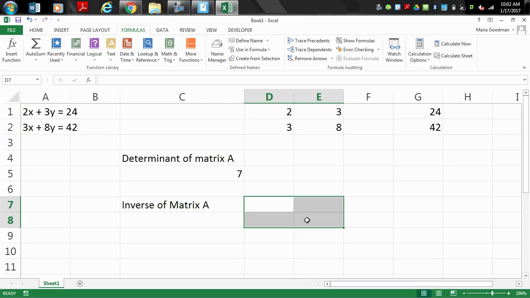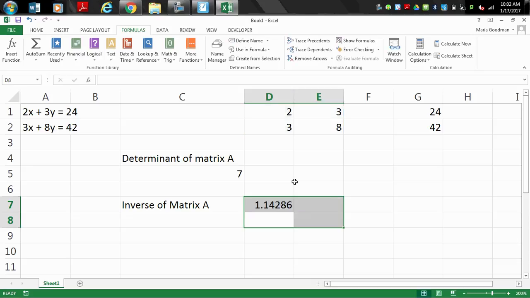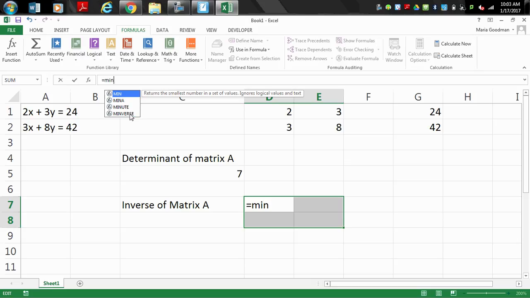Equals MINVERSE, inverse of A, using formula A, close your parentheses, Control Shift Enter.